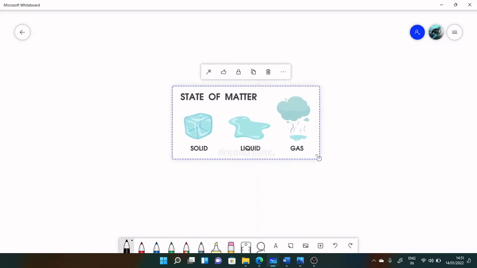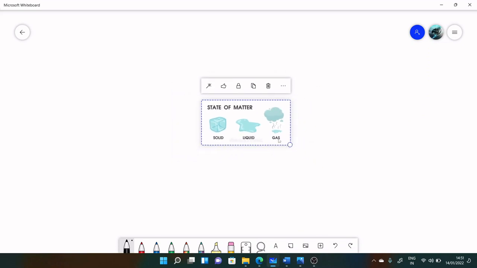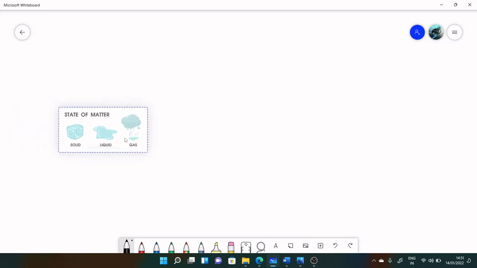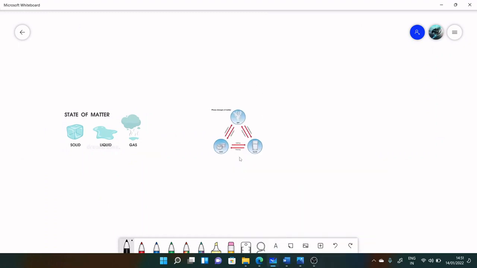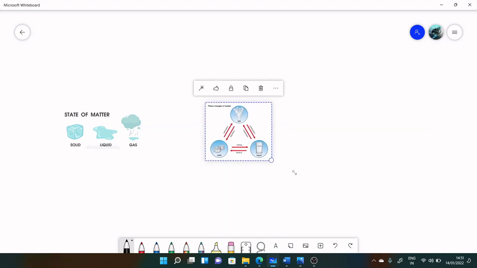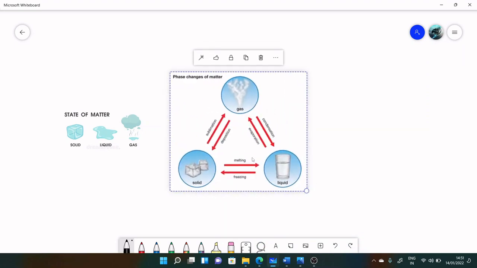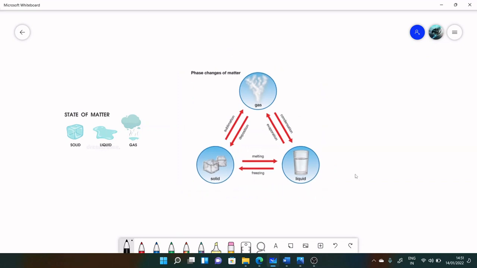Let's take a look at another image to see all the phase changes that are possible. These are all the different phase changes that can occur.